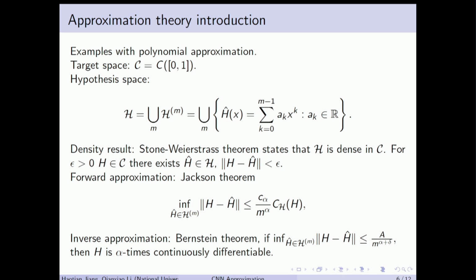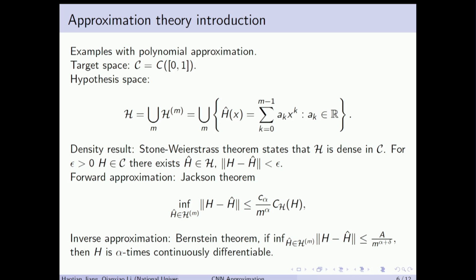It's usually a small subspace of the target space, and it has some simpler functions that are easy to represent. We want to use these simple functions to approximate the functions in the target space. For this particular example, we are using the m-th order polynomials to approximate the continuous functions defined on 0 to 1. And the first one, the density result, is just asking whether the hypothesis space is dense in the target space.